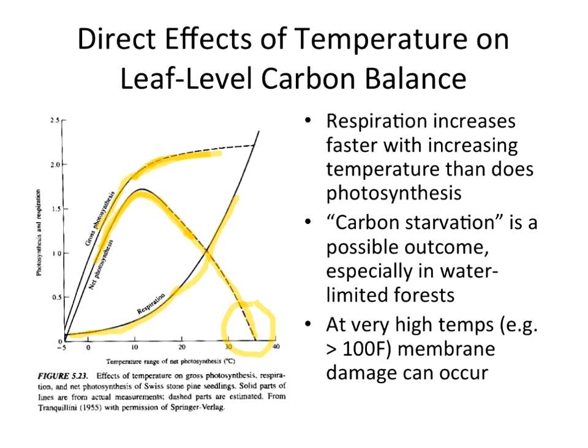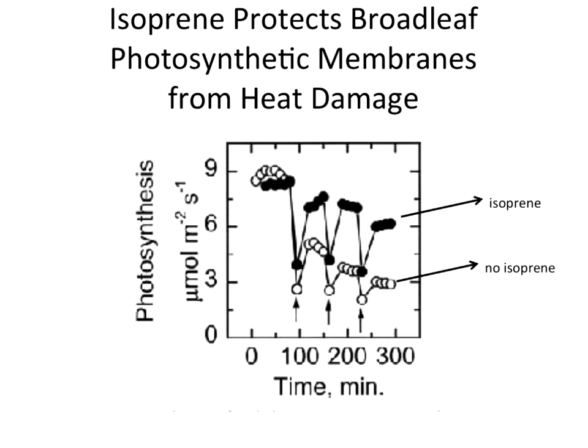And one of the mechanisms they have for dealing with that damage is that they emit a gaseous compound called isoprene. Isoprene is a volatile organic compound that's released especially in broadleaf trees that actually protects photosynthetic membranes from heat damage. And this graph shows an experiment which demonstrates the effect of isoprene.